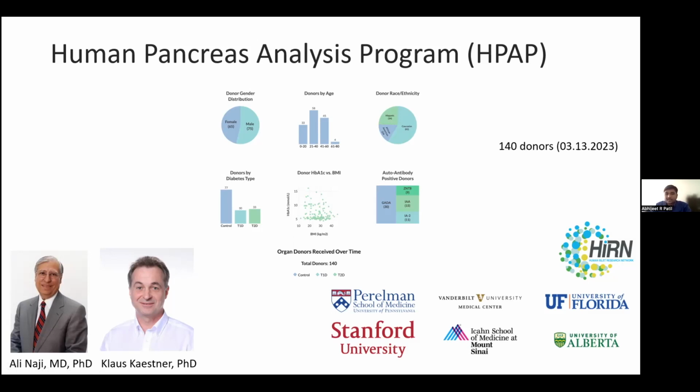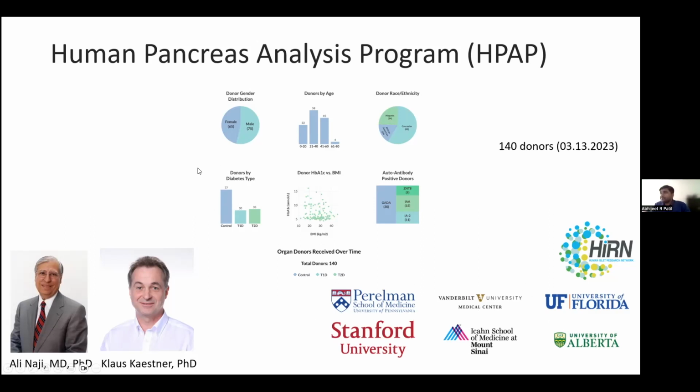This is part of NIDDK and NIH, and it is supported by several collaborators. For example, Dr. Ali Naji is a surgeon who extracts the pancreatic islets, and then the single-cell profiling data is generated by Dr. Klaus Kaestner at the University of Pennsylvania, and many institutions are involved here.